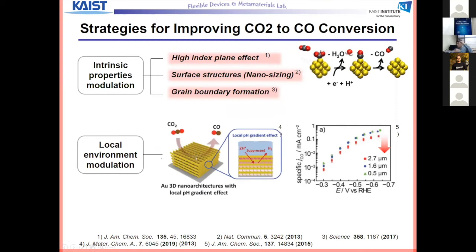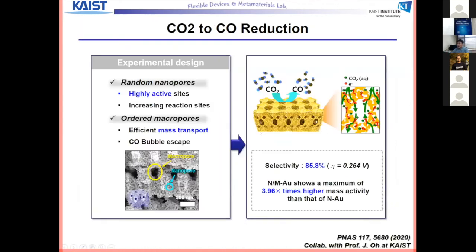So there is a local pH gradient, and that also detrimentally affects the performance of CO2 conversion. So one of my students came up with a very interesting idea I just showed you before, making this hierarchically porous gold structure so we can avoid all those issues.